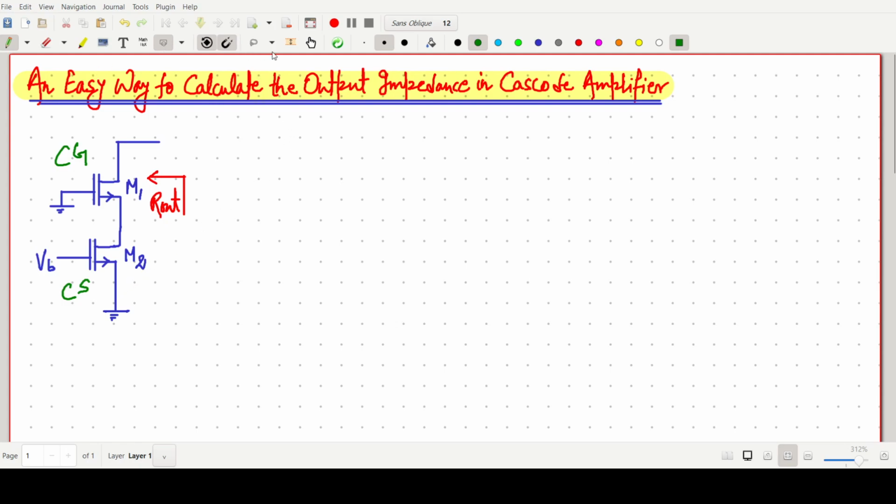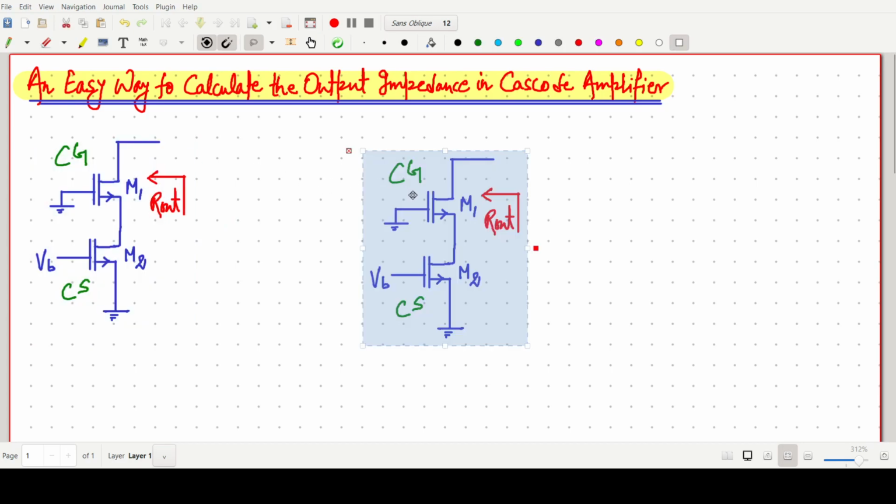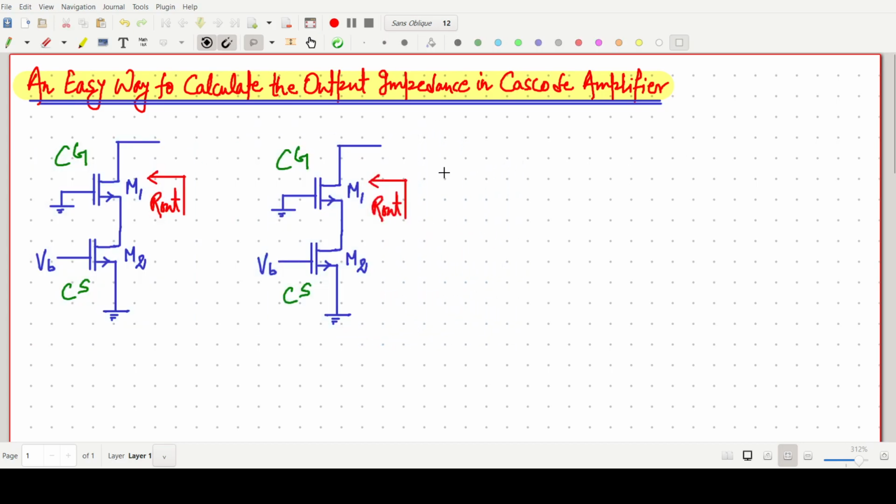For this purpose, first I am selecting this circuit and we can replace it. I have already made this circuit.